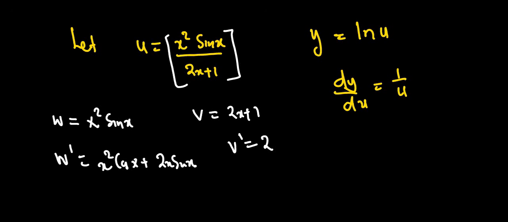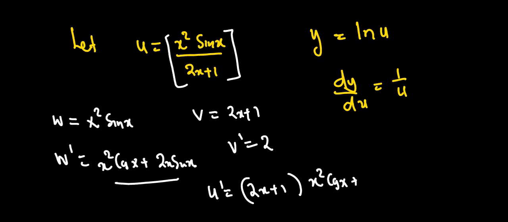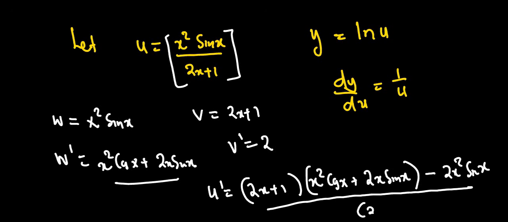So the overall derivative of u, gotten using the quotient rule, is v, which is 2x plus 1, multiplying w prime, which is x squared cos x plus 2x sine x, minus v prime, which is 2, times w, that's 2x squared sine x, everything over v squared, which is 2x plus 1 squared.